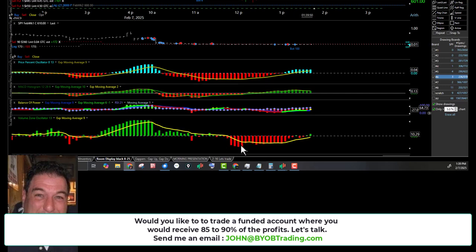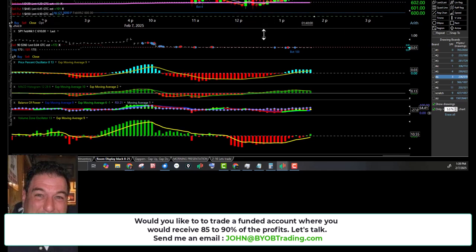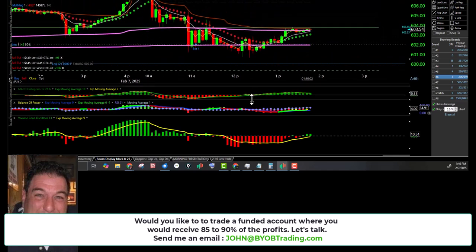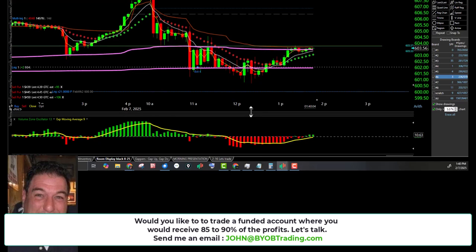That time came and gone. You can see now we're headed back up towards VWAP up here. Now you can see the VZO is turning green, and we're bull flagging up here.